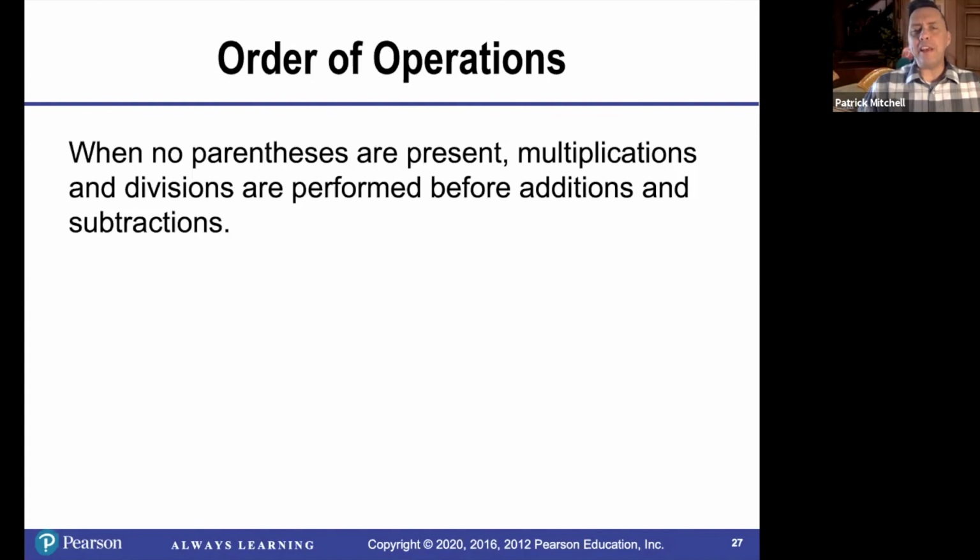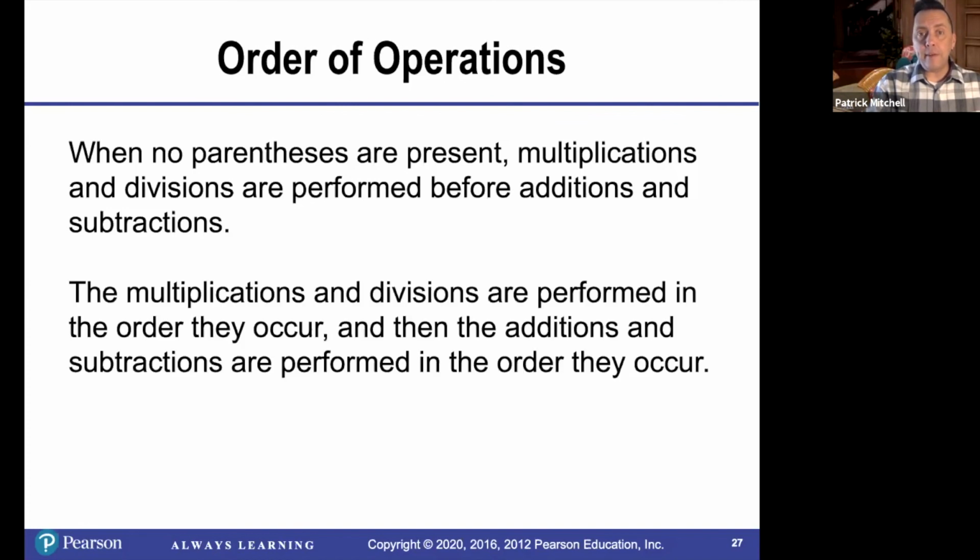So remember, please excuse my dear Aunt Sally: parentheses, exponents, and then multiplication, division, followed by addition, subtraction. And what a lot of people don't realize is that the multiplications and divisions are performed in the order they occur. So multiplication is not necessarily done before division. And it's the same thing with addition and subtraction.